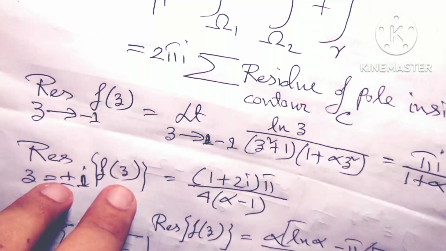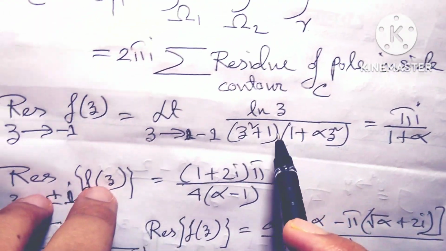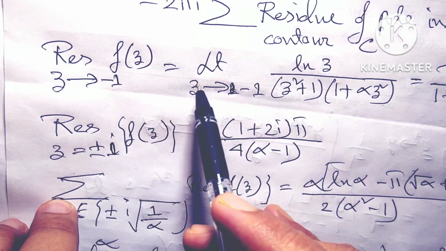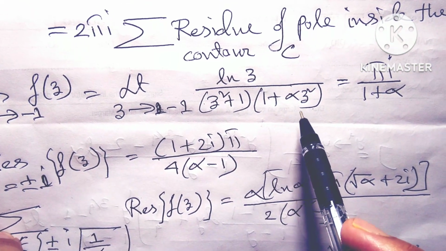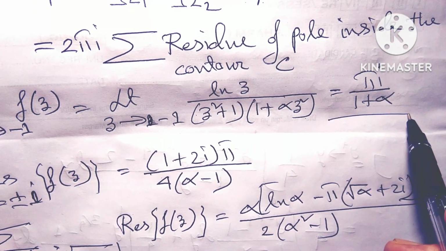So 2 pi i times the sum of the residues of the poles inside the contour C. The residue at z tends to minus 1 of f(z) equals the residue at z tends to minus 1 of ln z over (z square plus 1 plus alpha square z), which is equal to pi i over 1 plus alpha, because I find the residue, so z plus 1 is cut.